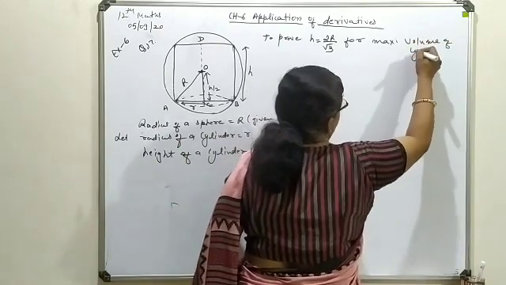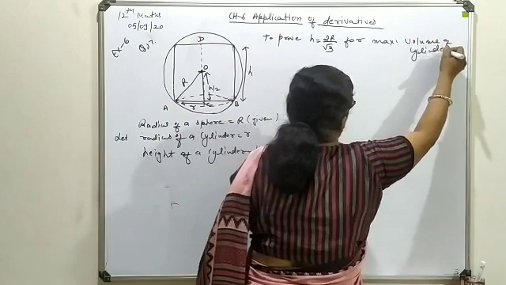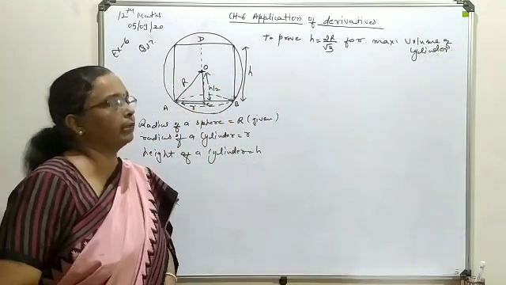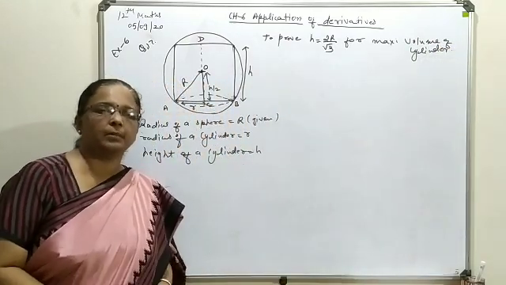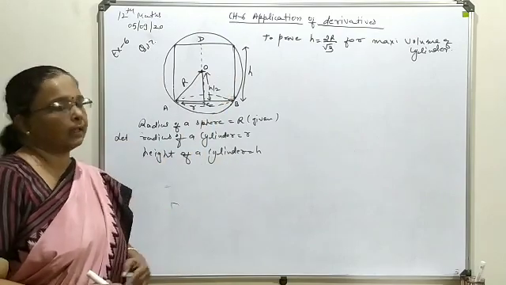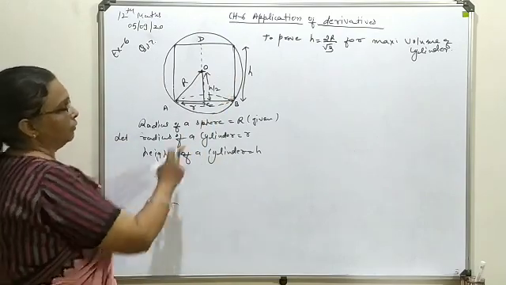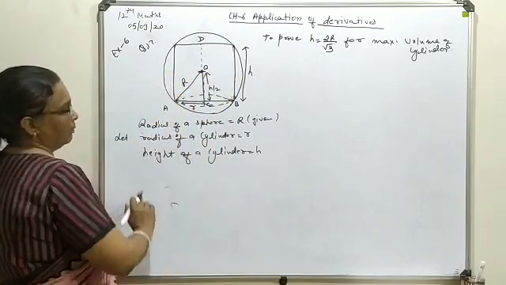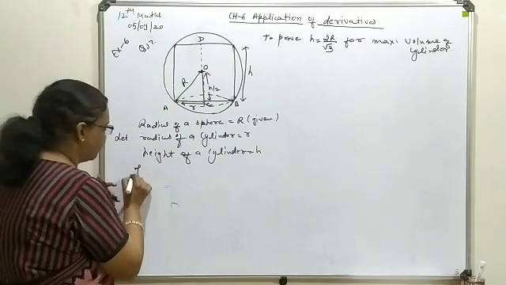So here, for volume we will talk about the cylinder, and maxima and minima we will discuss at this height. First we will find the interrelation in the triangle.